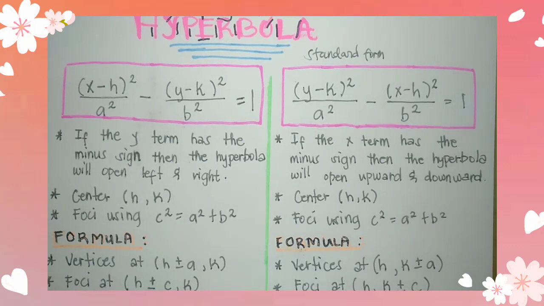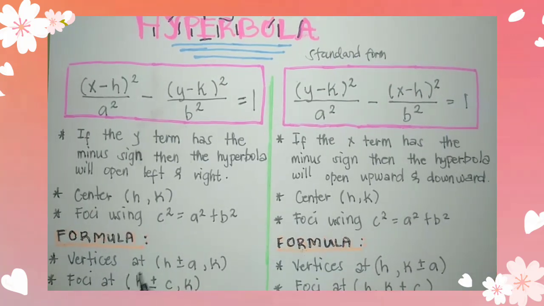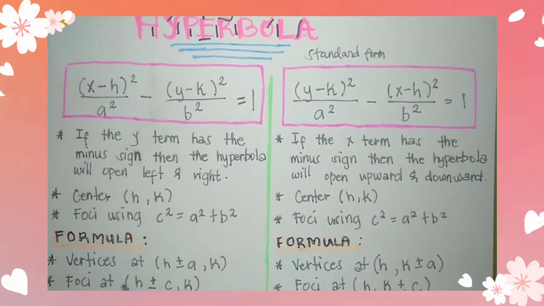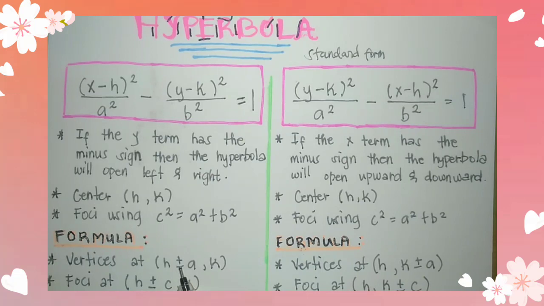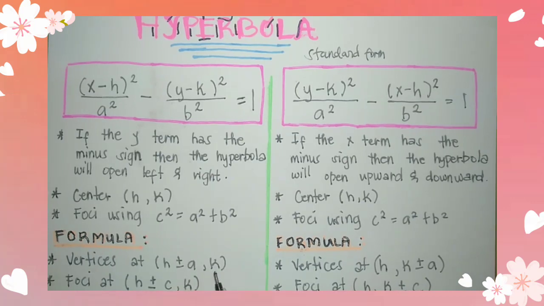Pero, syempre, i-check natin siya using the formulas. So, ang formula ng ating left and right hyperbola is (h plus and minus a, k). And sa foci naman is (h plus and minus c, k).